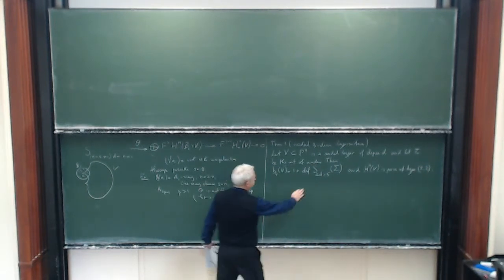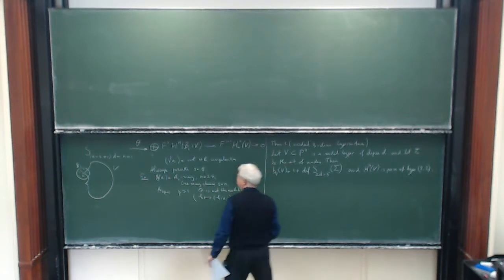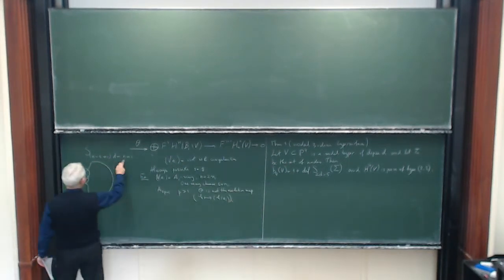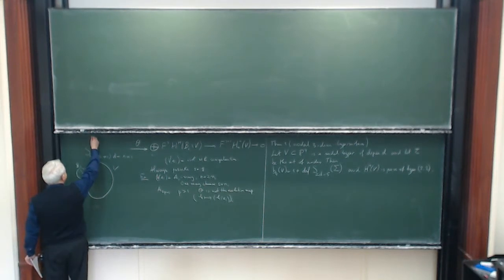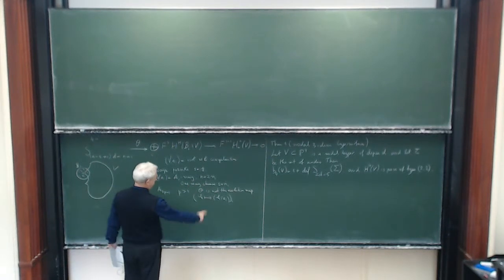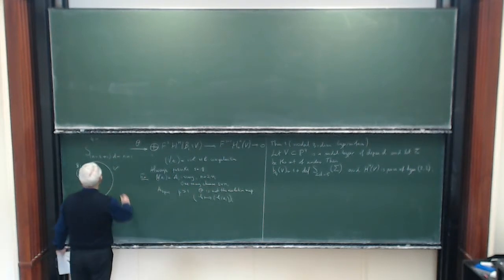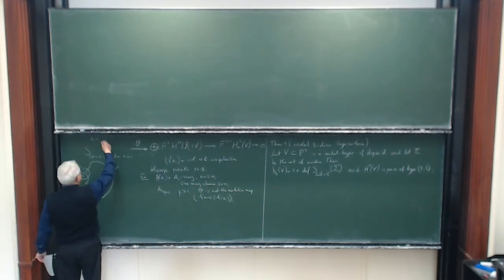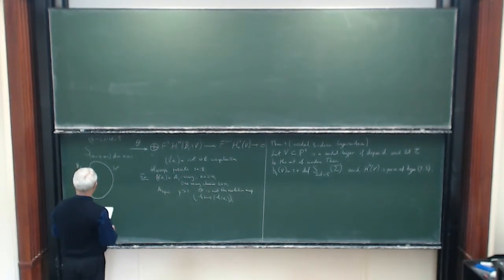Okay, so let me explain how you get to 2d minus 5 here. We have to look at this exponent here. So n is 4 minus s. You have seen here in the case of A1 singularities, we can take s to be half of something. Minus 5, so here is something.